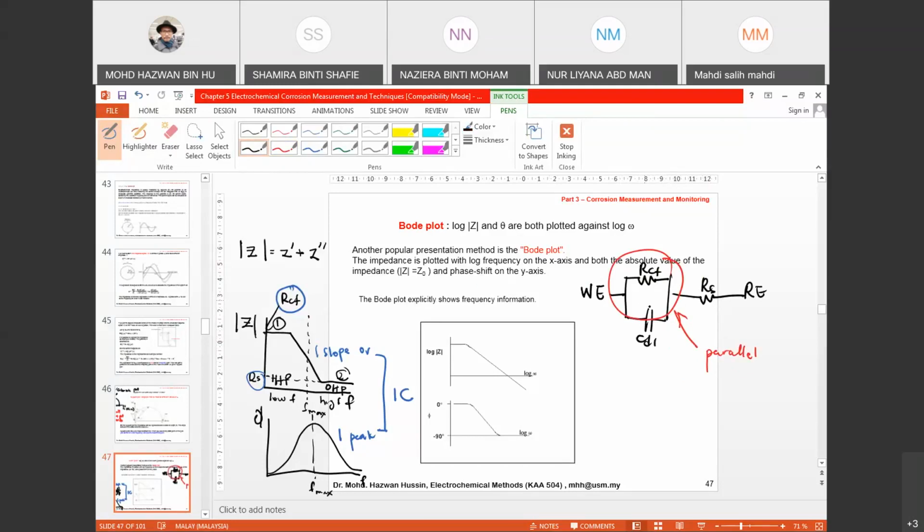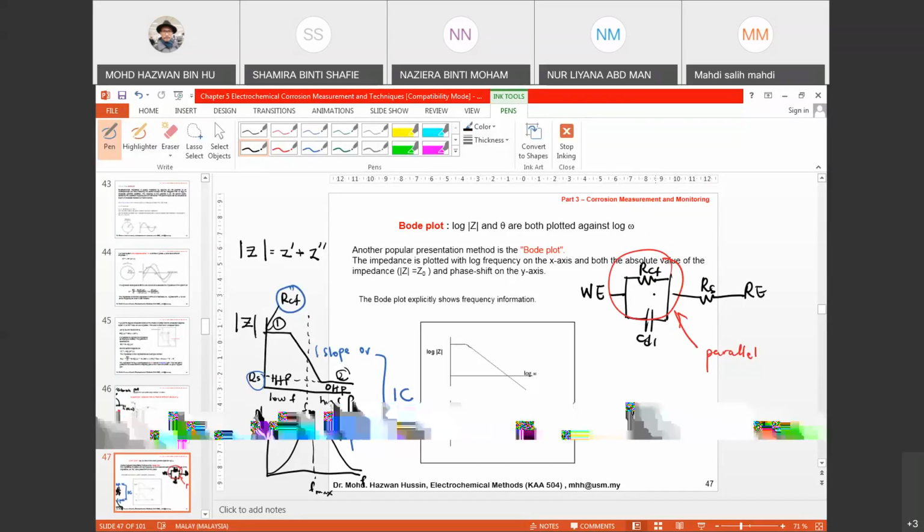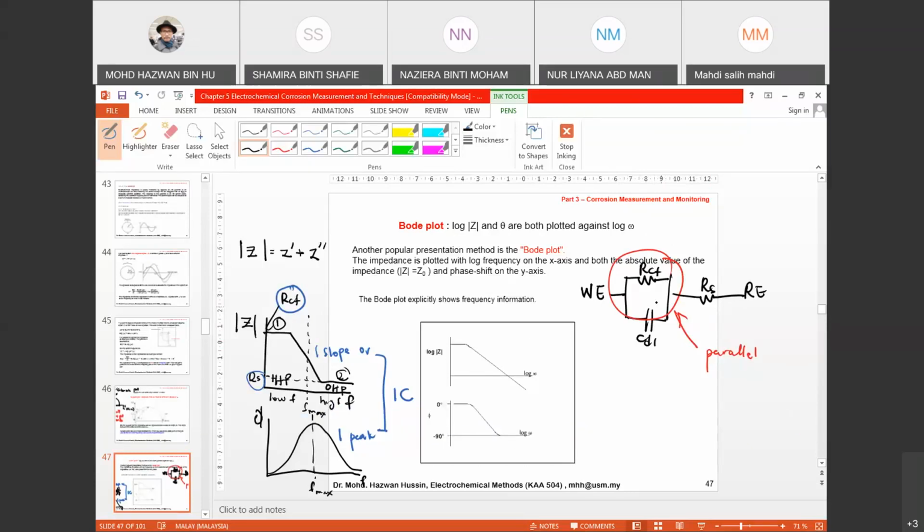So if you notice your Nyquist plot forming a semicircle, then you know that in your Randles circuit design, you have a parallel design. If you have two semicircles, that means you have two parallels, which is a more complicated circuit design.